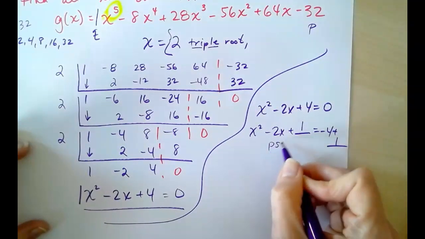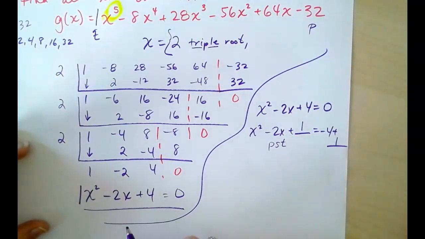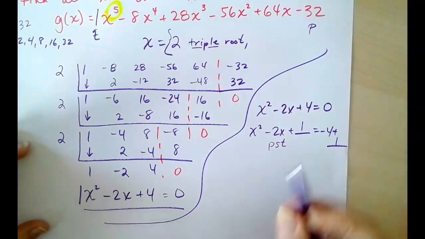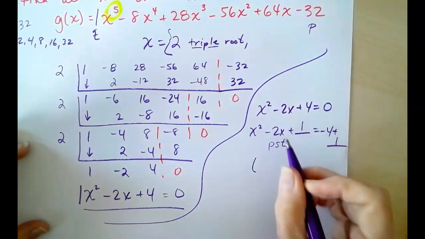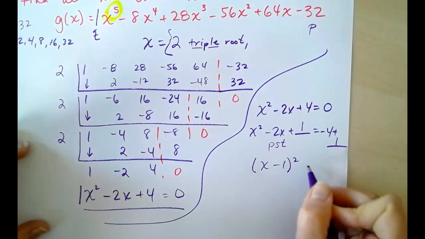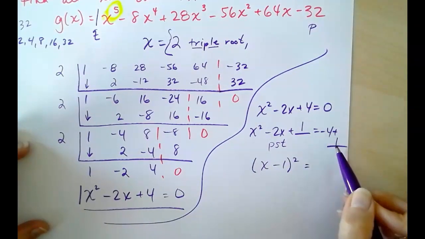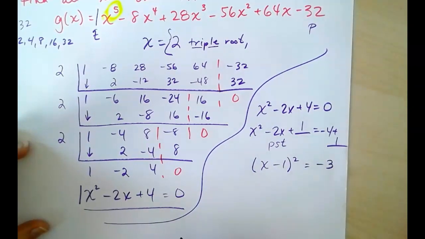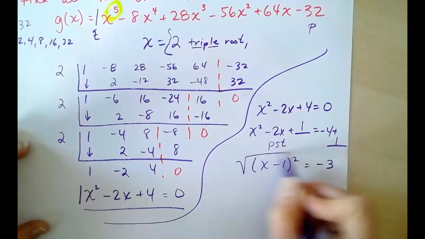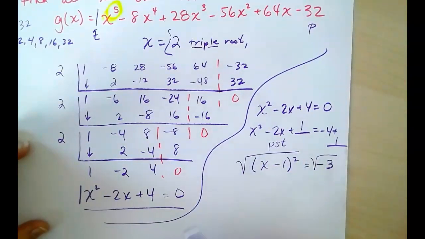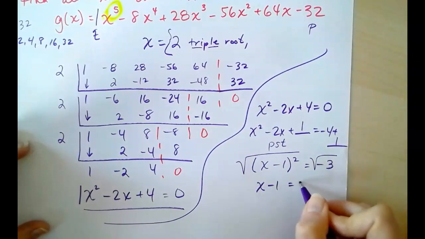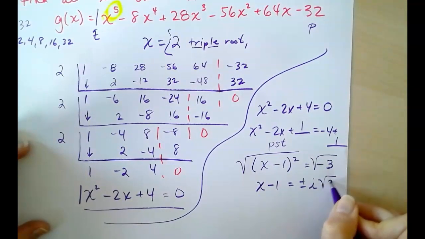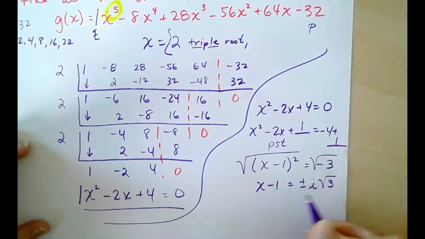This left-hand side, we have forced the issue. It's a perfect square trinomial now. Factors of 1 that add up to 2, x minus 1, x minus 1. On the right, negative 4 plus 1 is negative 3. Solving for x by taking the square root of both sides. And then finally, add the 1.